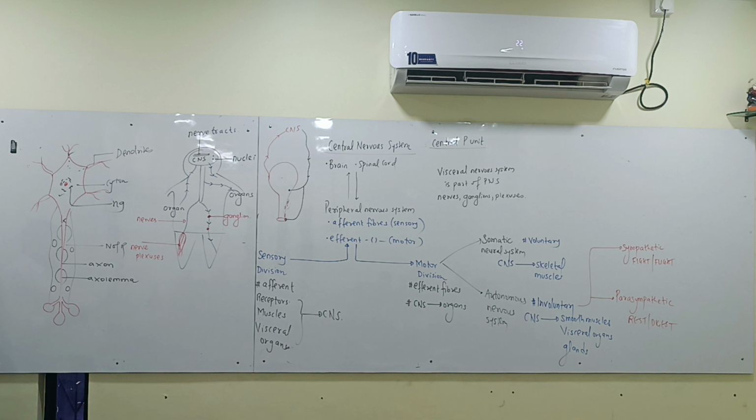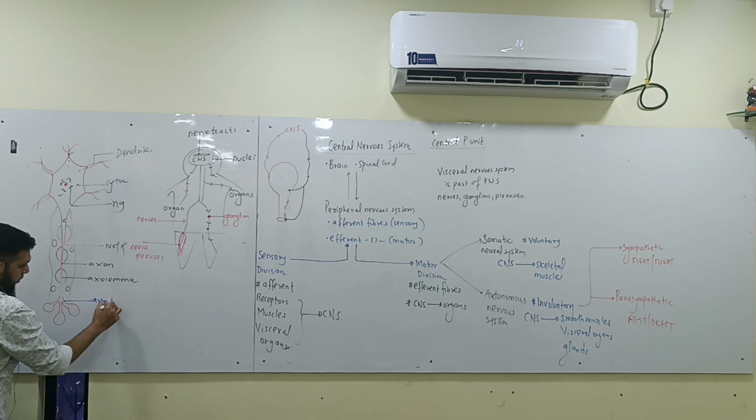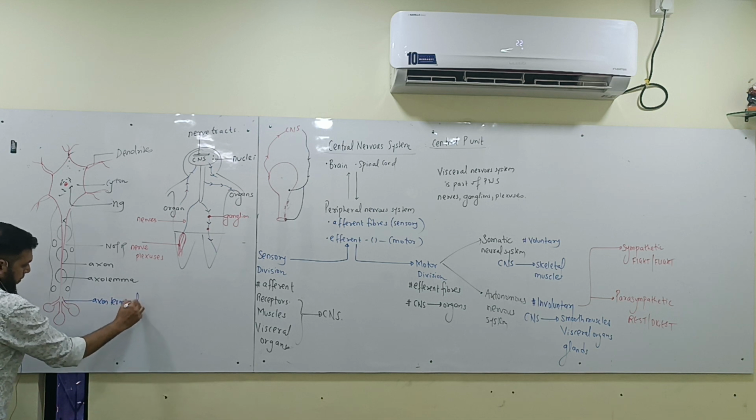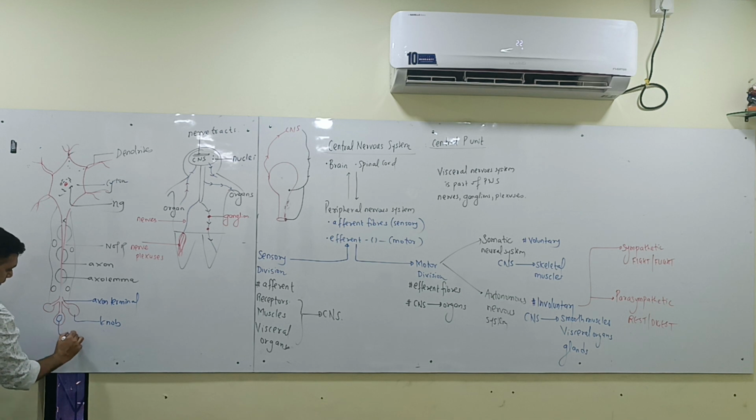Are Schwann cells found only in myelinated neurons? No, they are found in both myelinated as well as non-myelinated. This is called the axon terminal. This is called the axon node. Vesicles, do you remember? Containing neurotransmitters.